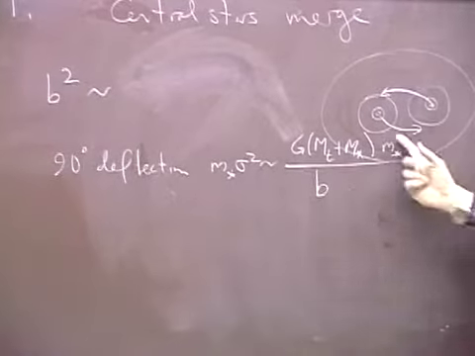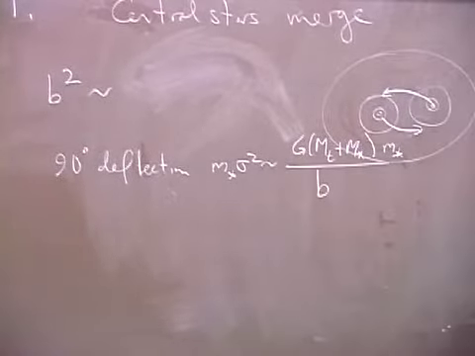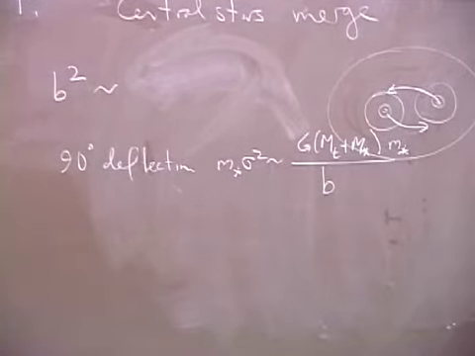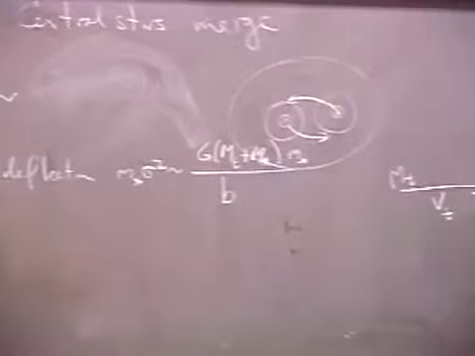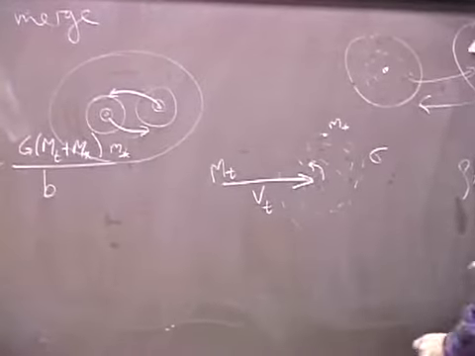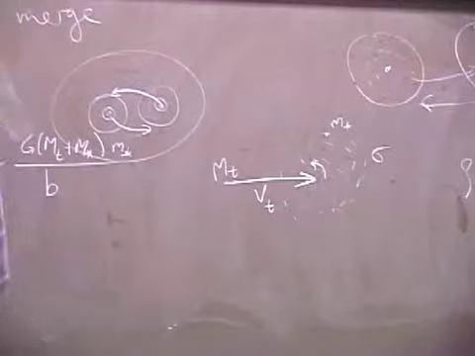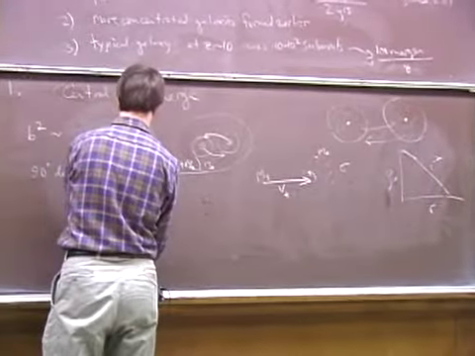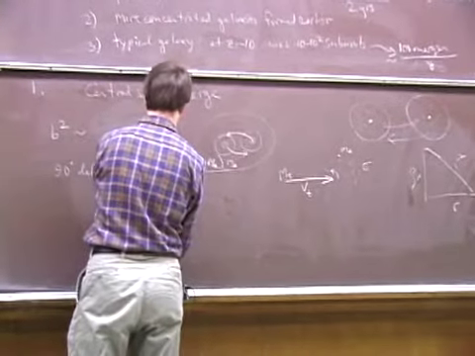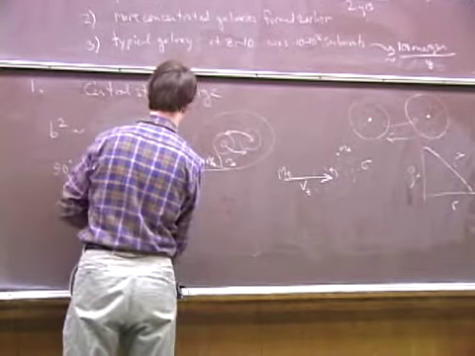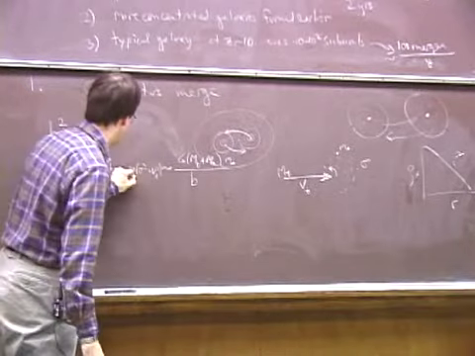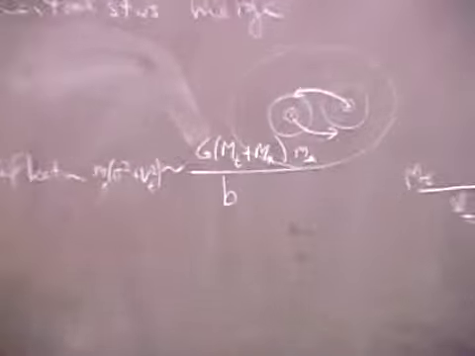Okay. So this is the binding energy at the pericenter. So another way of seeing that is that the angular momentum, actually, let's see, I should put this. Okay.